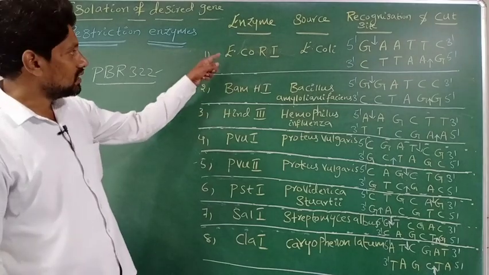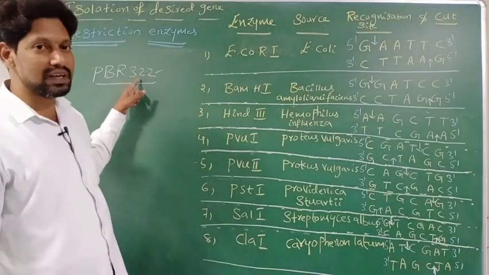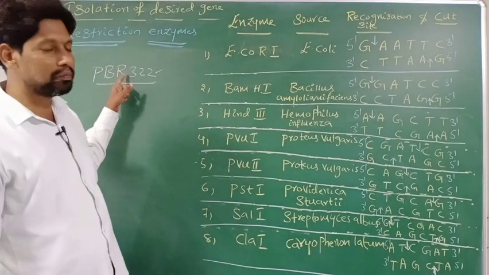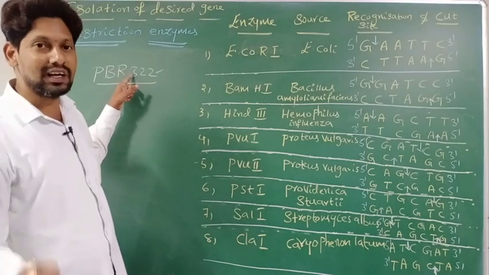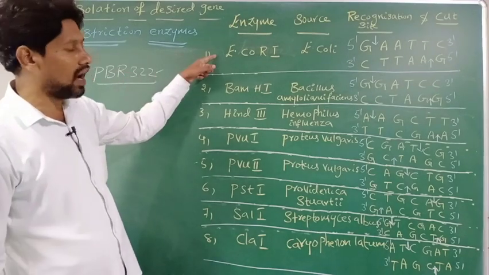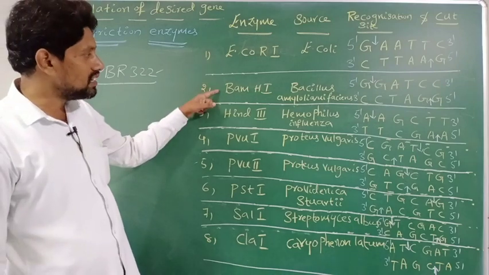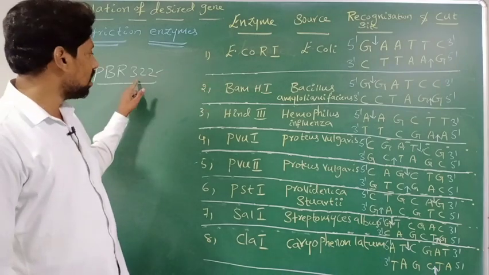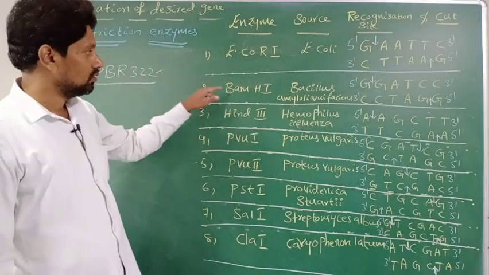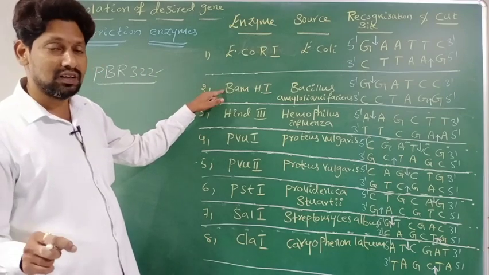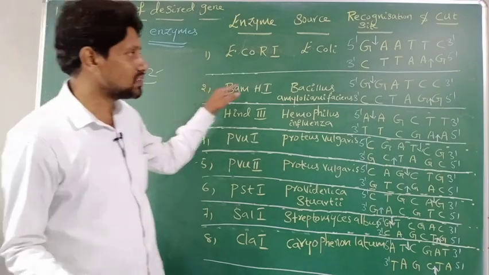Yes or no? EcoRI acts on pBR322, which means the recognition site for EcoRI is present on pBR322. BamHI can act on pBR322, and it cuts the DNA at a specific site.